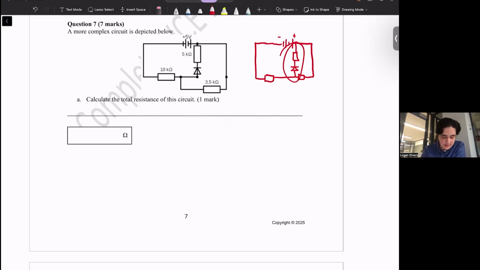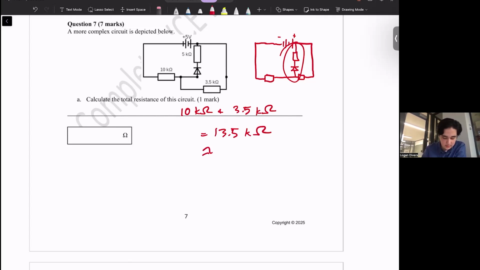So that means that this entire 5 kilo ohm resistor section is going to get completely nuked, and we're only going to be looking at the other resistors. Hence why a bit of a hint in this question is that it's only one mark. So we can't have any more than one set of working out, and that one set of working out is simply 10 kilo ohms plus 3.5 kilo ohms, which is 13.5 kilo ohms.